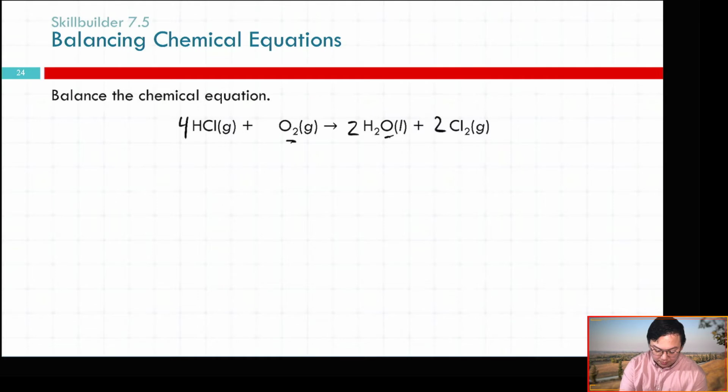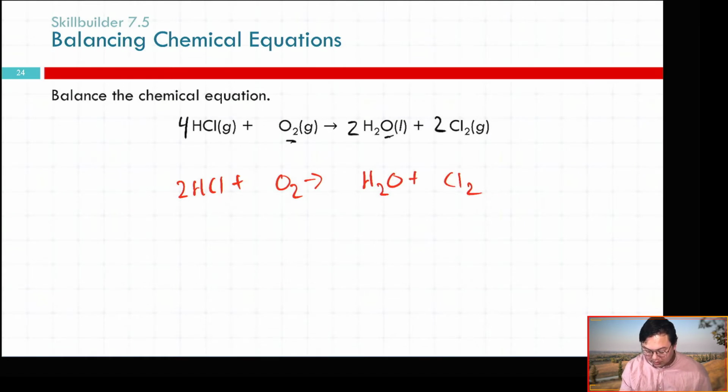So the shortcut, if I can just do it below here: when we got to this point, we had 2 HCl, O2, and then we had H2O plus Cl2. We can see that we have 2 on the left and 1 on the right side.